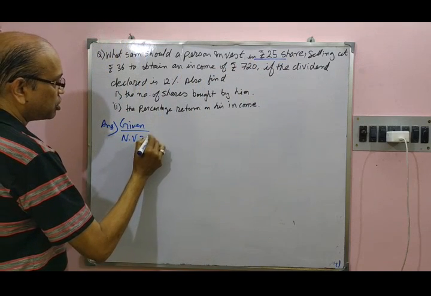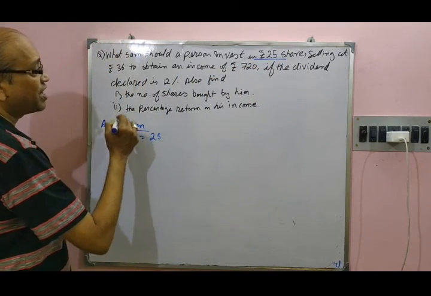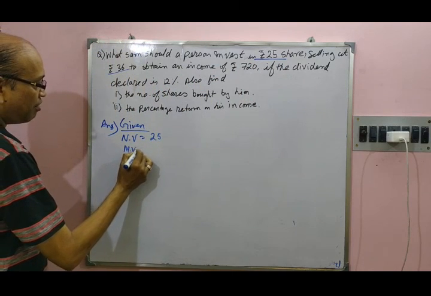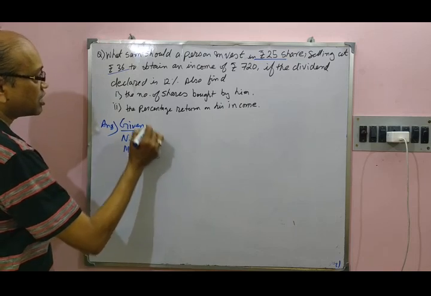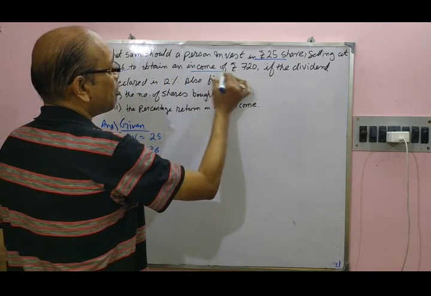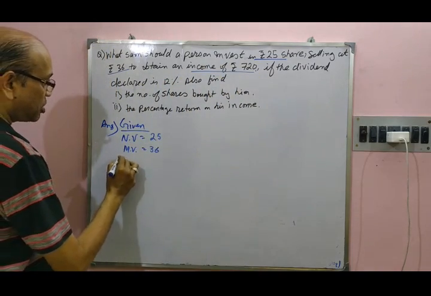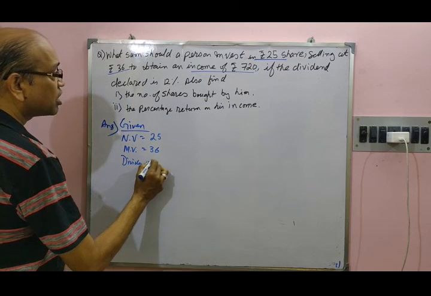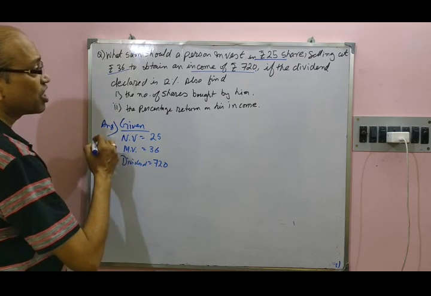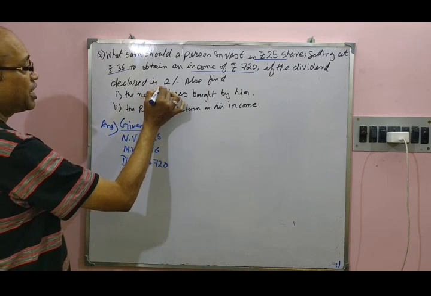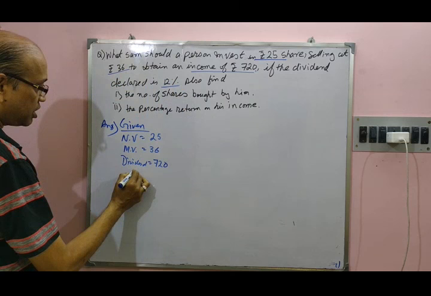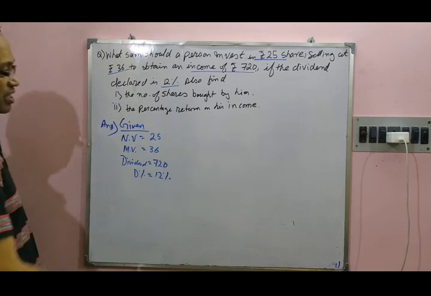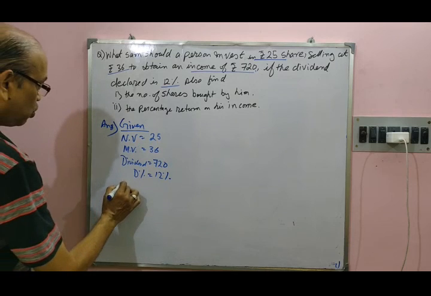Rupees 25, that is nominal value is 25, selling at rupees 36, that is market value is 36, income of rupees 720, that means dividend is 720. If the dividend declared is 12%, that means D percent is 12%.